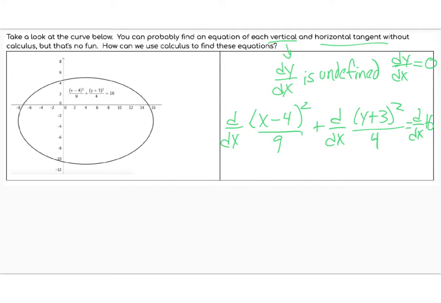All right, derivative of the first part is going to be 1/9 times 2(x minus 4) to the first, and the derivative of x minus 4 is 1, so we're okay there.